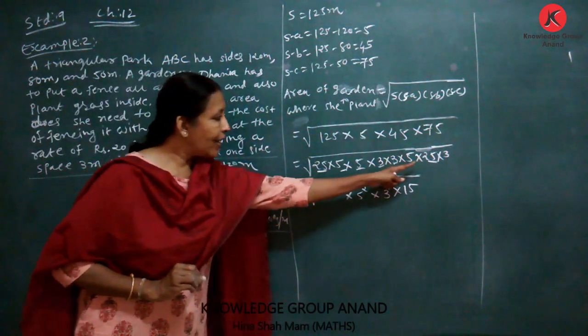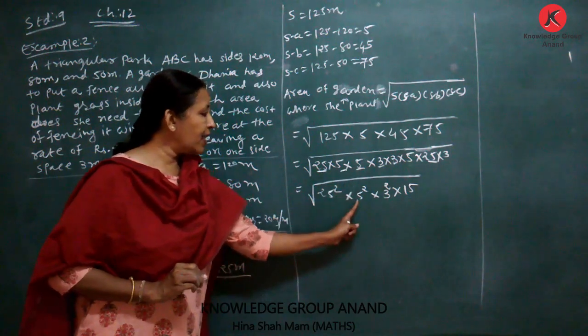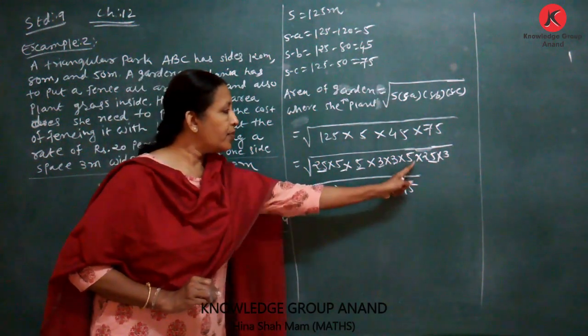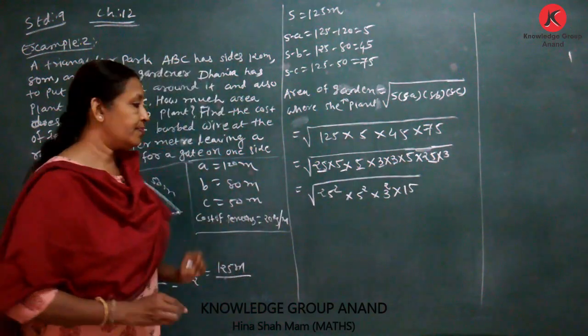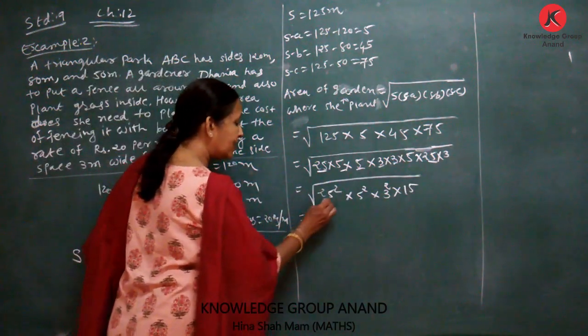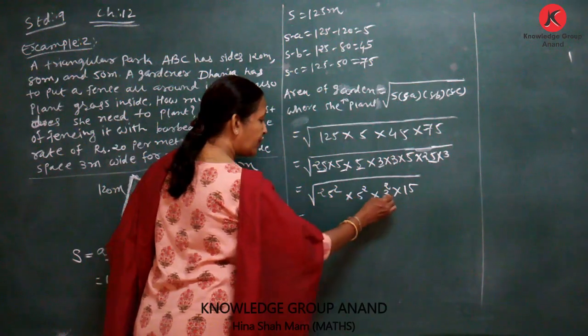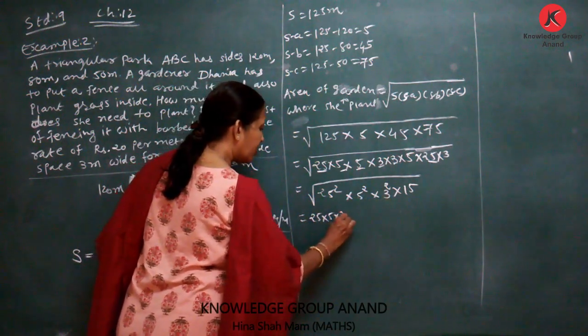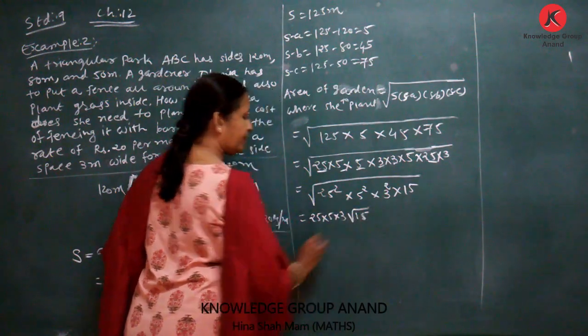Now the square root of these terms: 25 into 5 into 3 root 15.